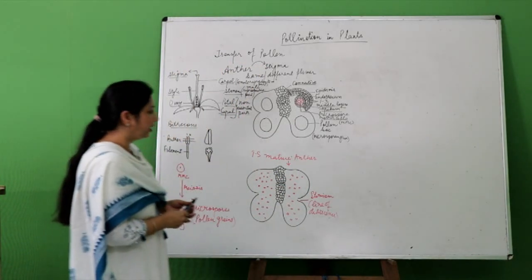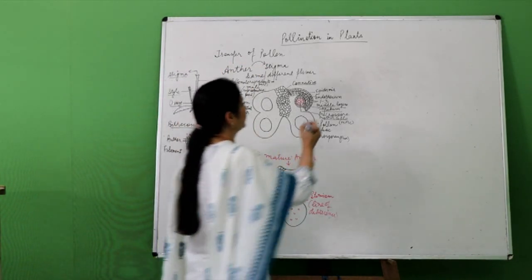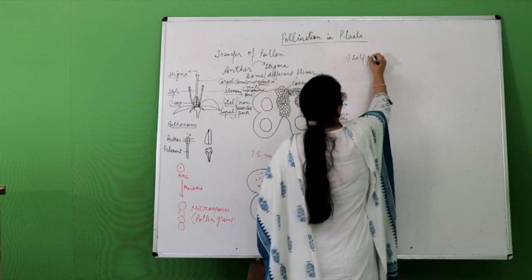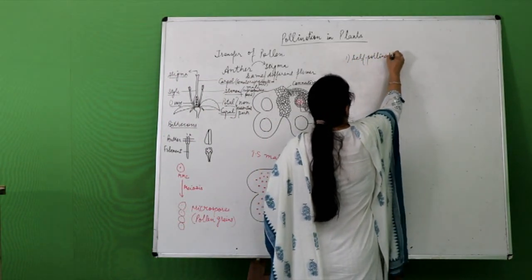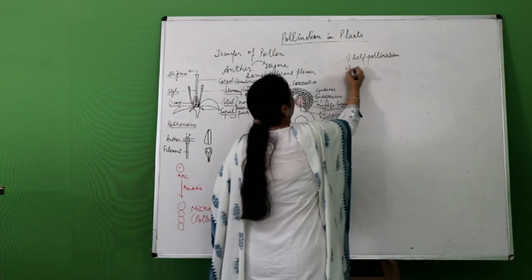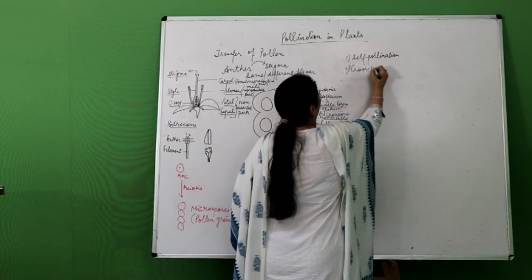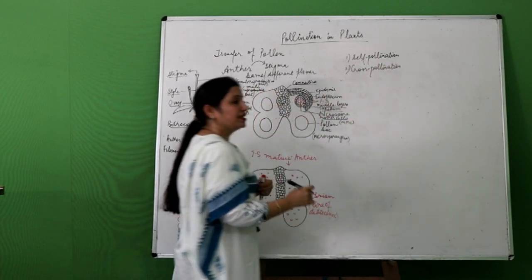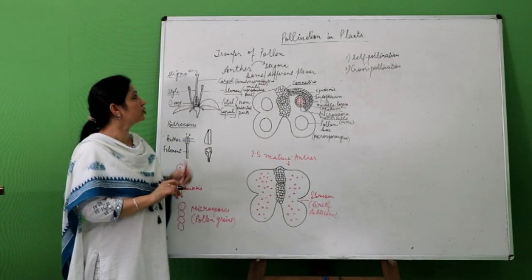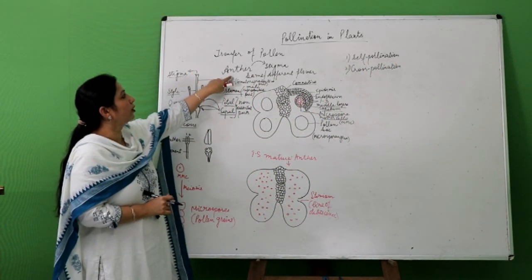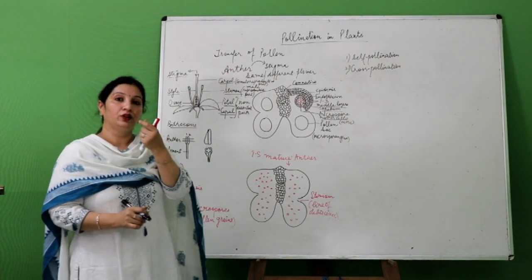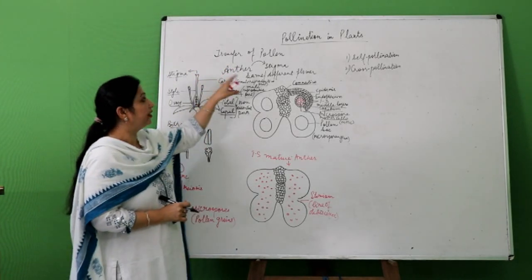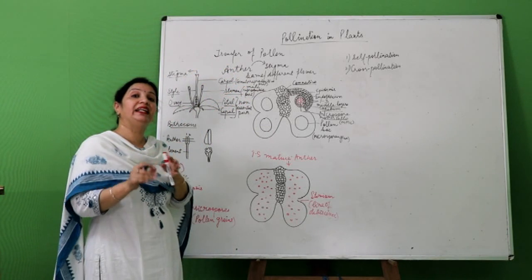Now broadly speaking, pollination can be of two types, that is self-pollination or cross-pollination. Now, self-pollination is a pollination in which there is transfer of pollen from anther of a flower to the stigma of the same flower or a different but genetically similar flower.